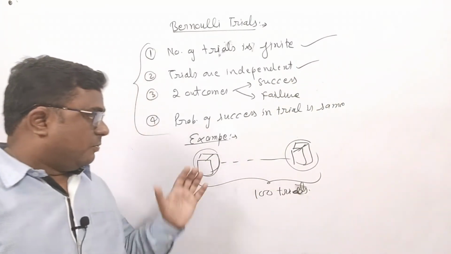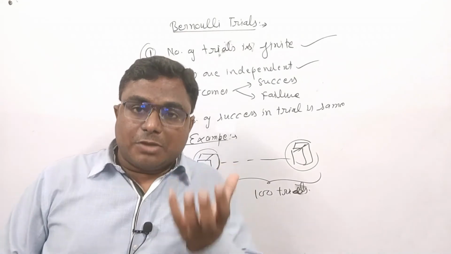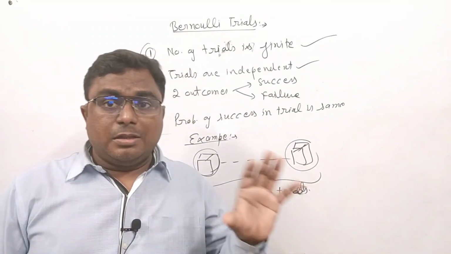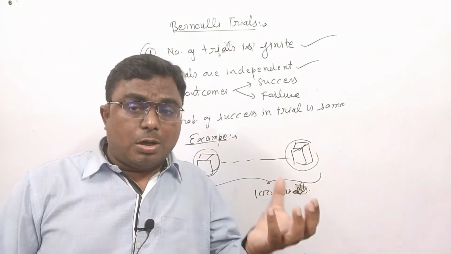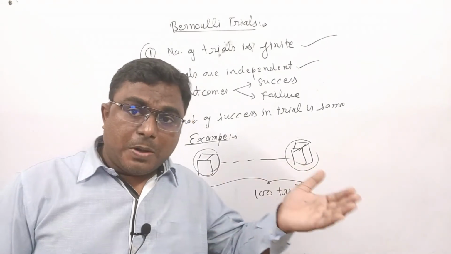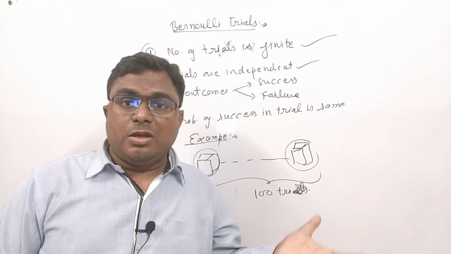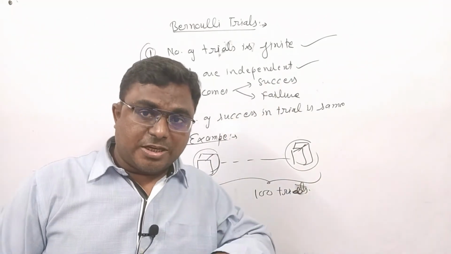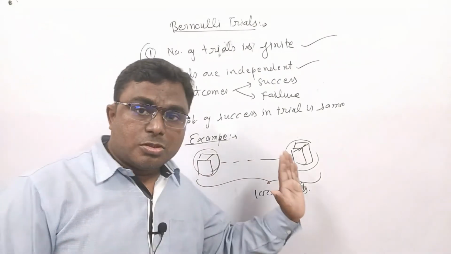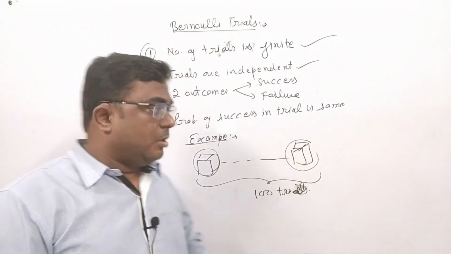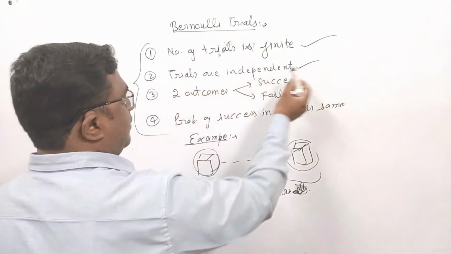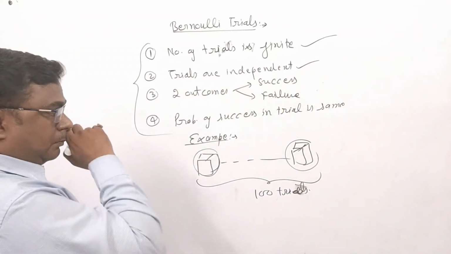When you throw the die the first time and after that the second time, they are thrown under the same conditions and are independent from each other. In the same way all the throws of the die are independent from each other. So condition number 2 is satisfied.